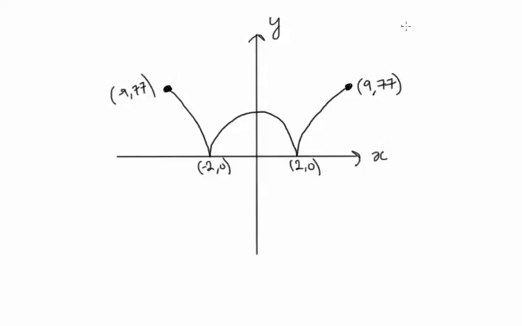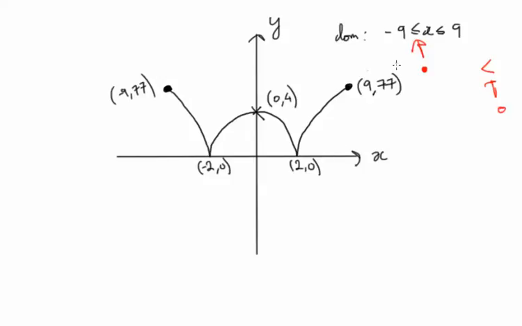I got it right this time because the domain is this interval here. So because it has that include sign there, I know to shade it in. If it was like this, then I'd know to keep the circle empty. Finally, let's put in our y-intercept. So our y-intercept ends up being 0, 4.